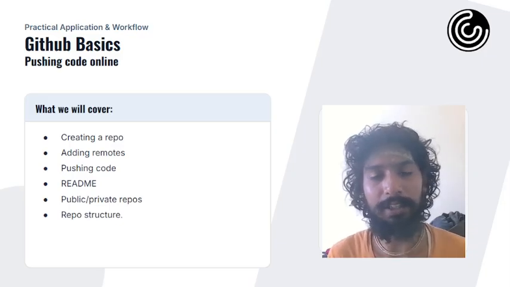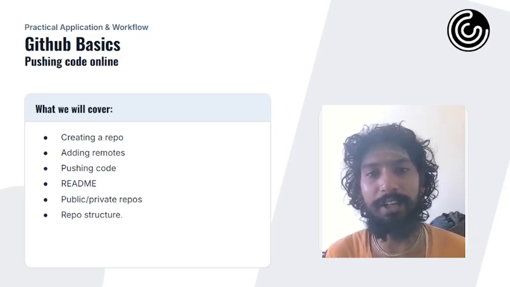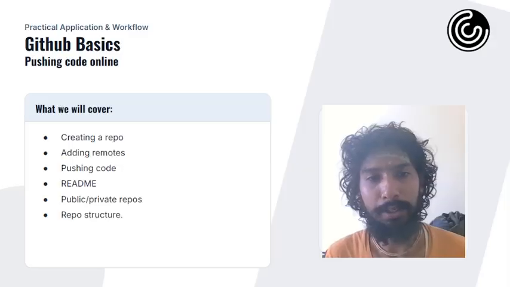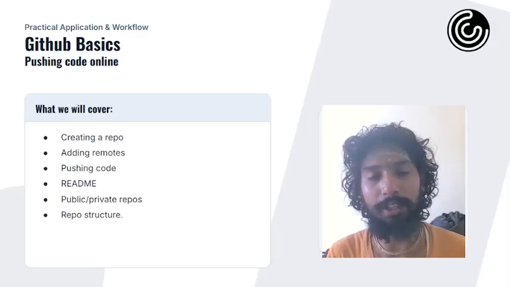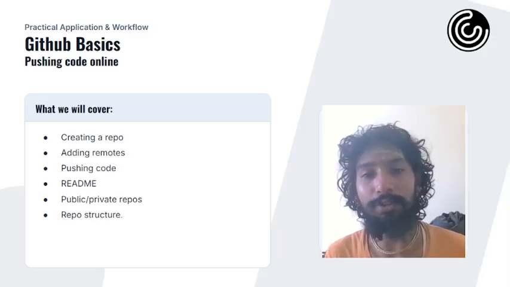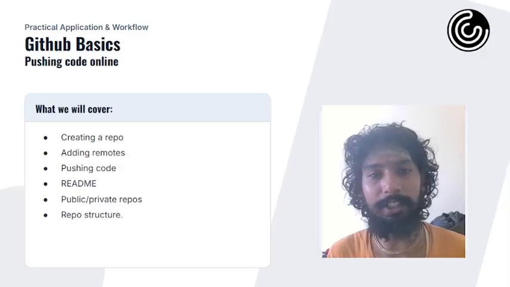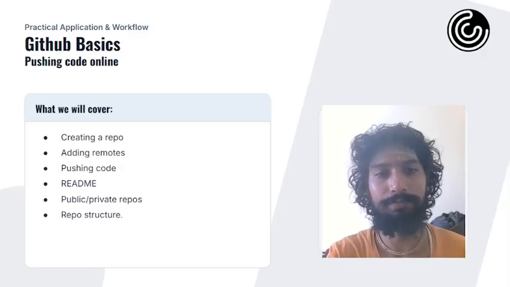In a real company, GitHub or similar platforms are used so that multiple developers can work on the same project. A developer writes code locally, commits the change using Git, pushes it to GitHub, and then the team can review it. So today we will upload our local project to GitHub.